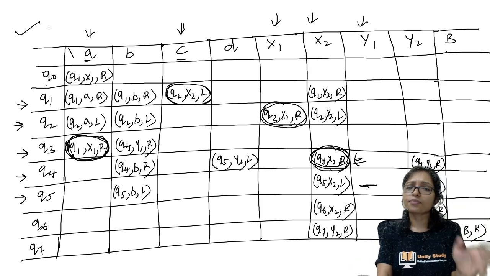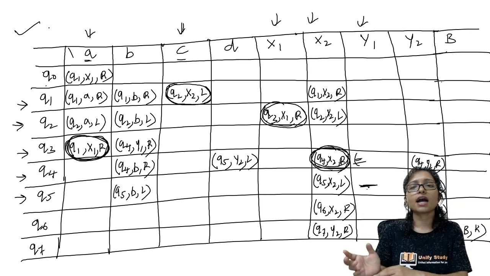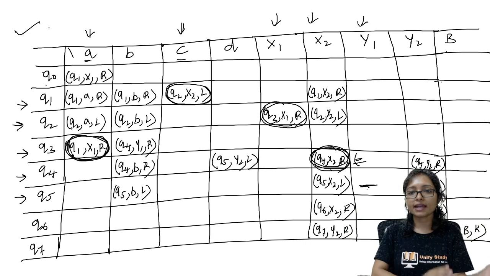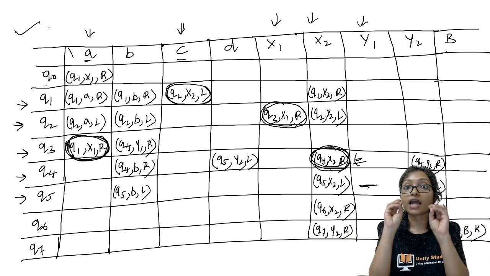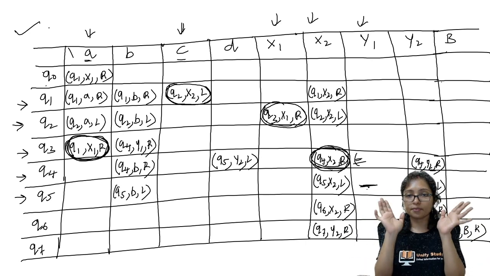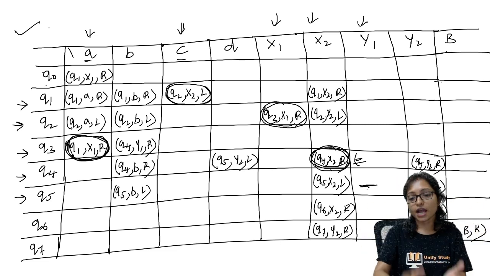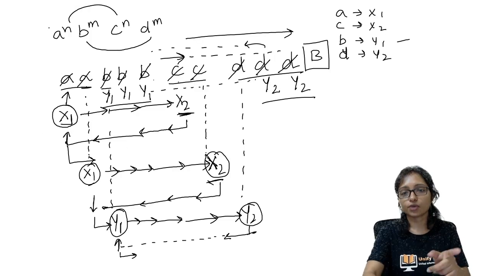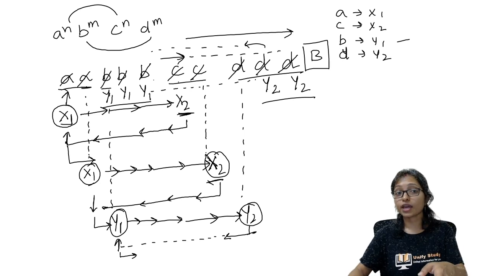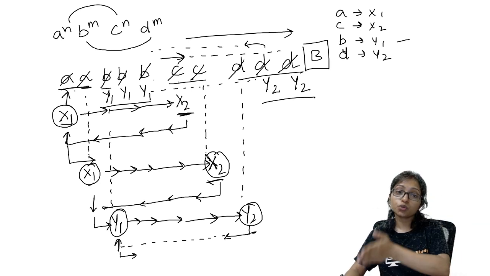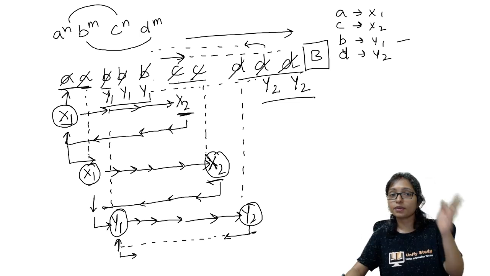That's why if you are not getting 100%, then go back and try to draw by yourself. That is the best thing. What I am doing, what is going on, try to draw by yourself like this way. Okay, if I am getting A, I will go to C, I will go to D, what will happen?